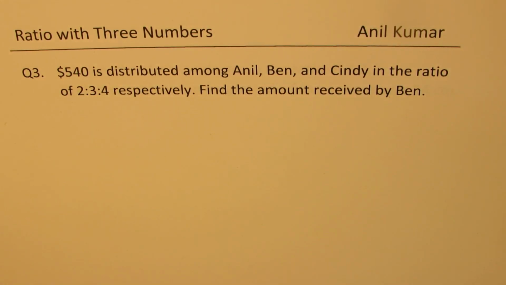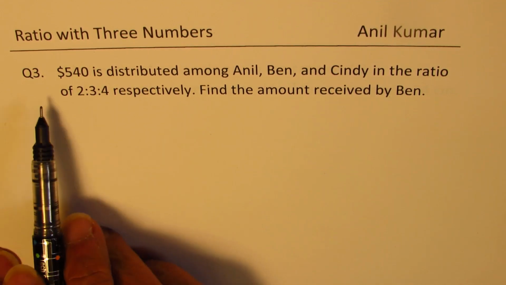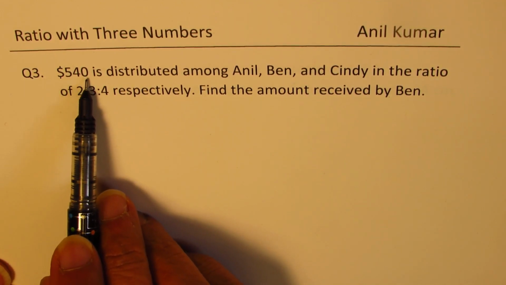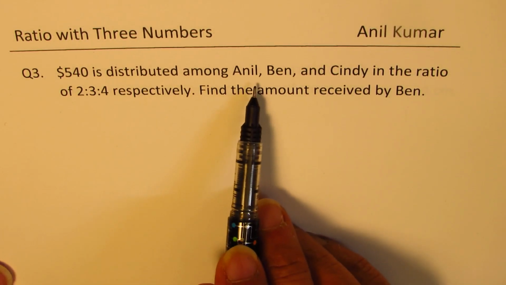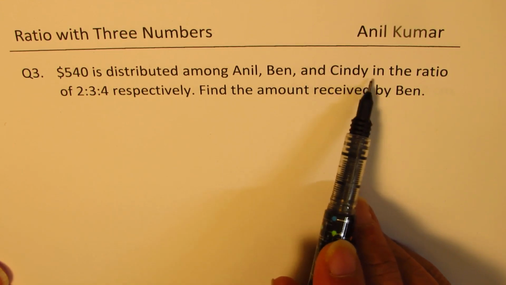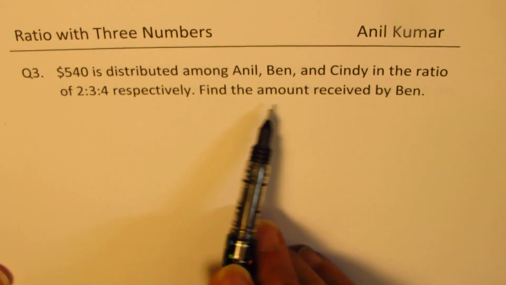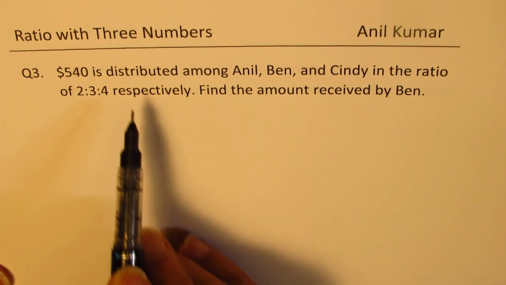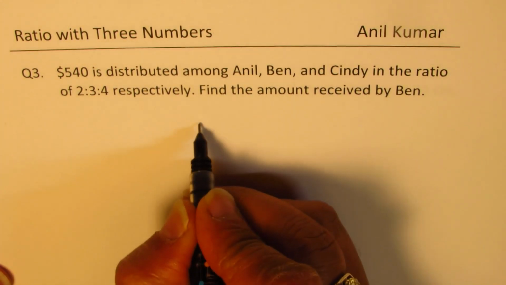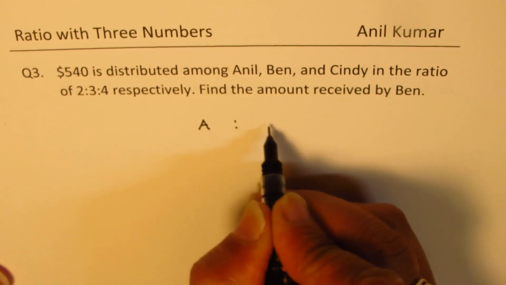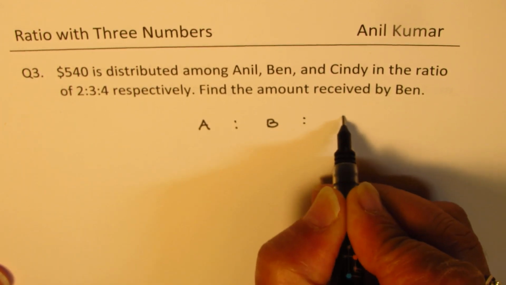Now let's take up question number 3. So we have some word problems here. $540 is distributed among Anil, Ben and Cindy in the ratio of 2:3:4 respectively. Find the amount received by Ben. So here we are given that Anil is to Ben is to Cindy.